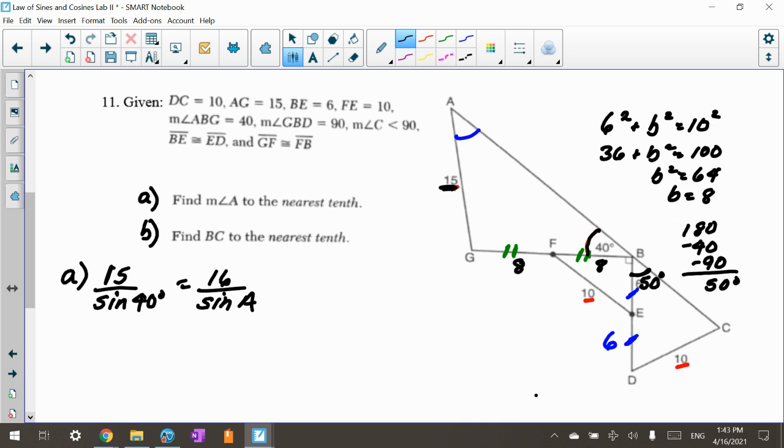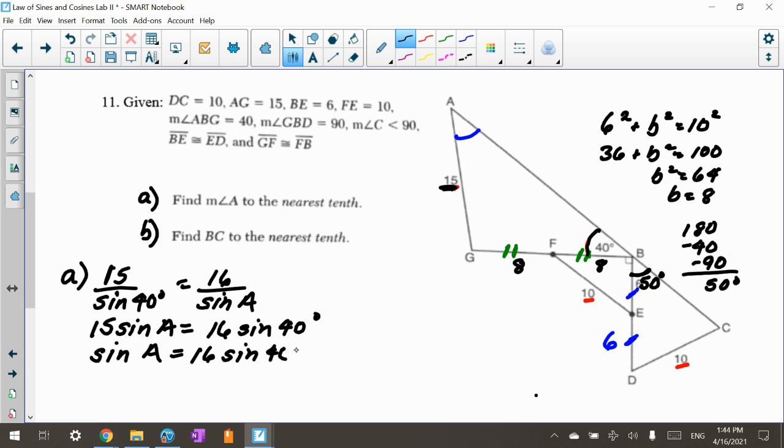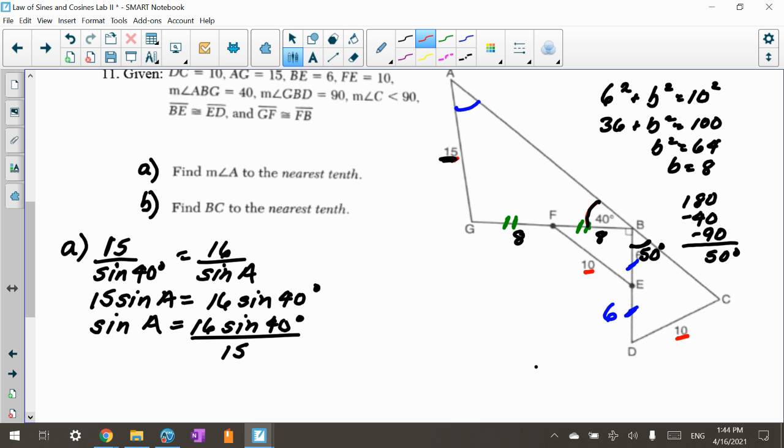Then I'm going to cross multiply. 15 times the sine of A equals 16 sine of 40 degrees. Divide by 15, and I have the sine of A equals 16 sine of 40 degrees all over 15. Now what am I going to do? I don't really care about the sine of A. I want A, and you guessed it, we're going to do the inverse sine.